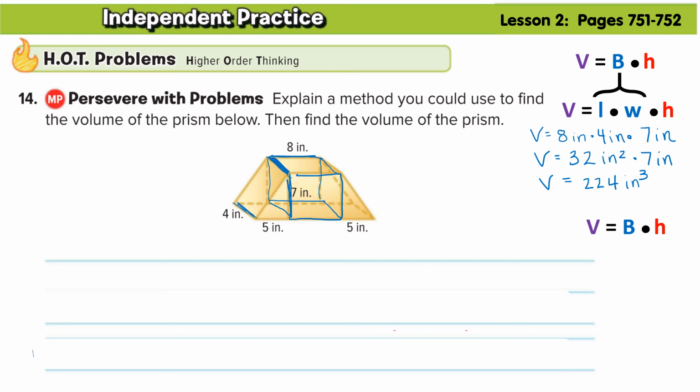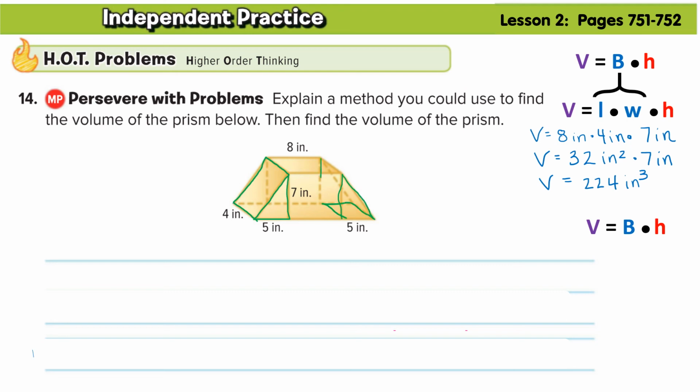Now I'm going to erase what I drew here to clean this up a little bit. All right, now we have, believe it or not, half of a rectangular prism, and this is the other half over here.